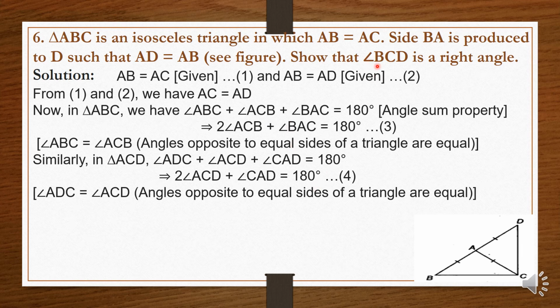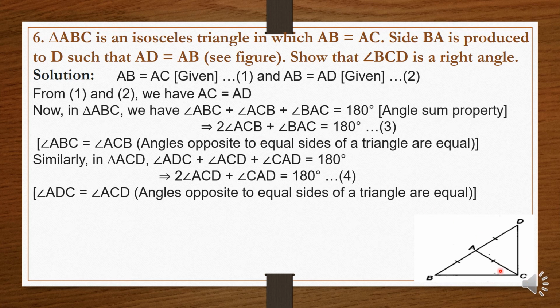The reason is that we have to prove that BCD is a right angle. Now BCD is this particular angle, right? So this angle comprises two more angles, that is ACB and ACD. Since in these two expressions we have the parts of these two angles, we will try to bring the equations in terms of angle BCD.